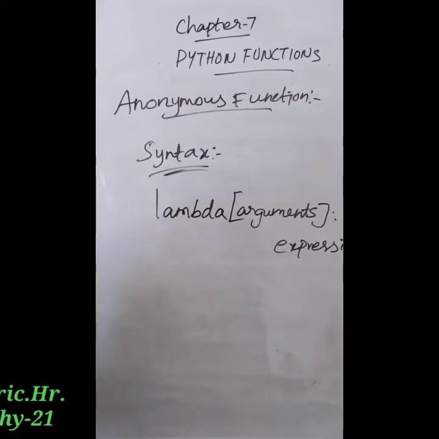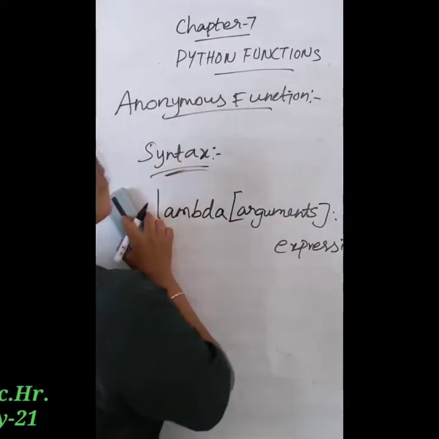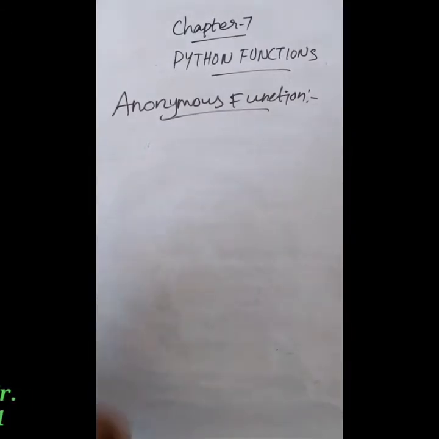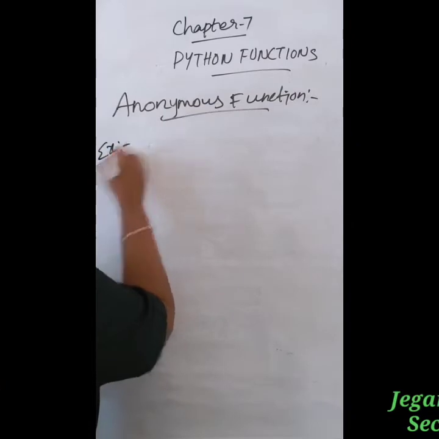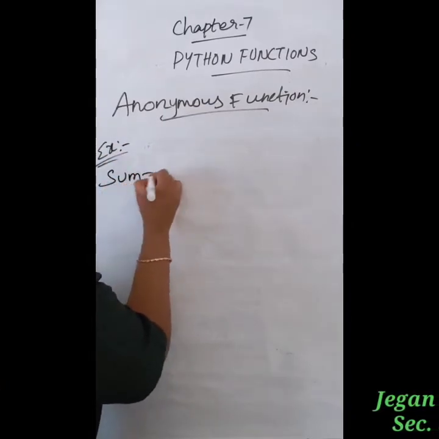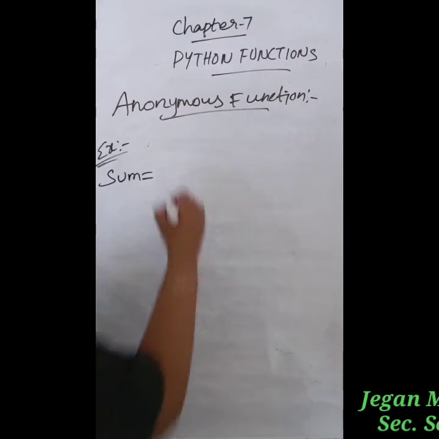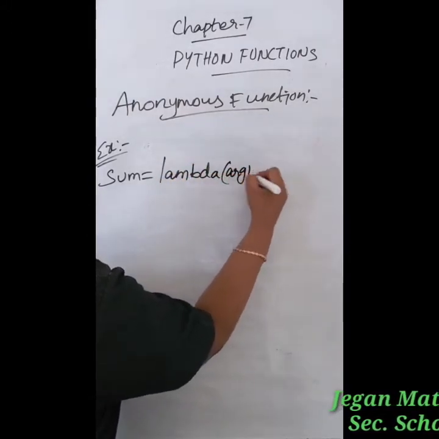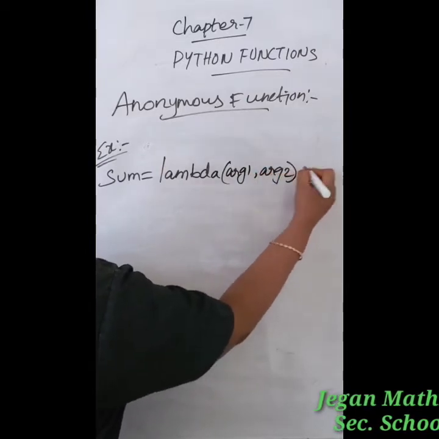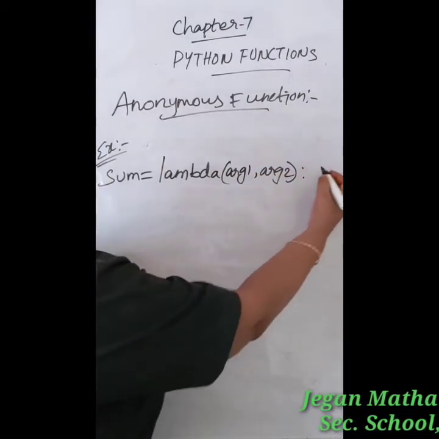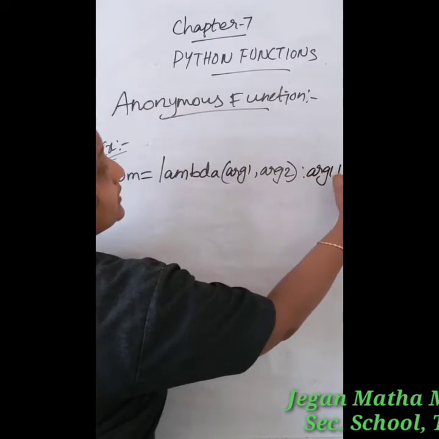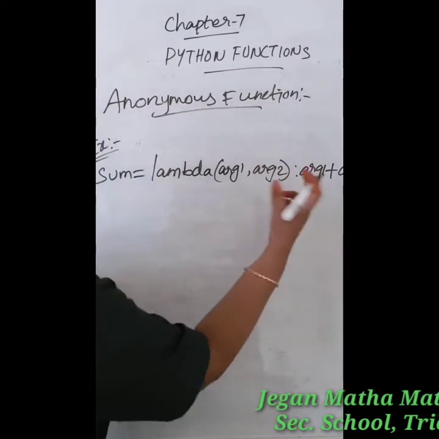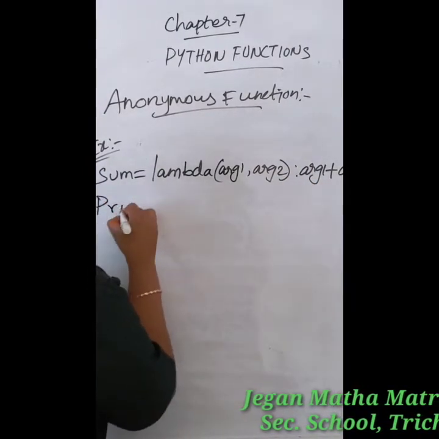Now let us see a simple example for an anonymous function. Sum is equal to lambda, and argument 1, that is values. Here argument 1 plus argument 2. Just we are going to add these two values, argument 1 and argument 2.